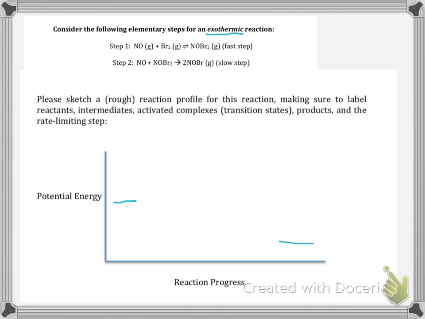So for each step, we're going to have a hump to overcome, which is our activation energy. And the slow step's going to have the bigger barrier. So it'll have the bigger hump, bigger activation energy. So we can have something like this.